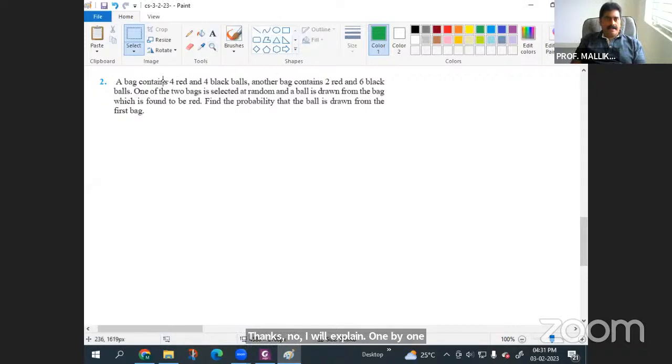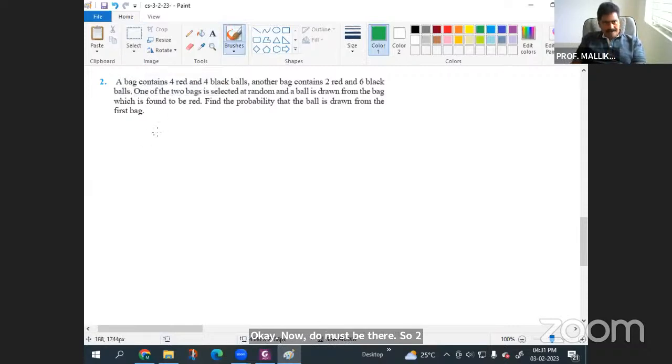A bag contains, how many bags are there? For Bayes theorem or total probability, a minimum of 2 should be there. Minimum 2 or 3 or 4 or anything, but 1 won't be there. So 2 conditions must be there.